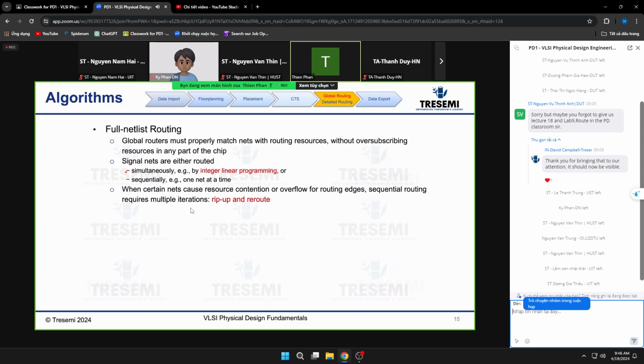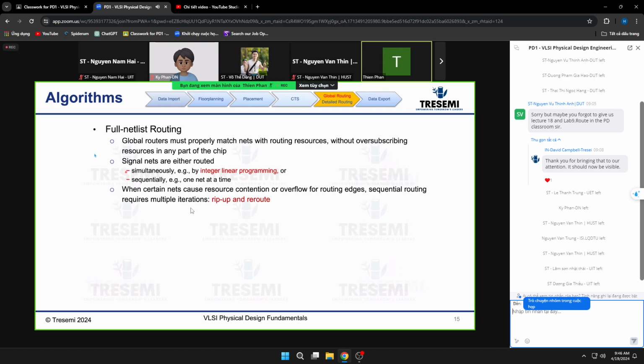Talking about the CTS, we only route the clock net first because it's kind of special, right? Most signal nets have a very limited number of pins connected to a net. But the clock net is very different, right? A single clock net connects to thousands, to all the tree, all the flops. So that's why we want to route it first.